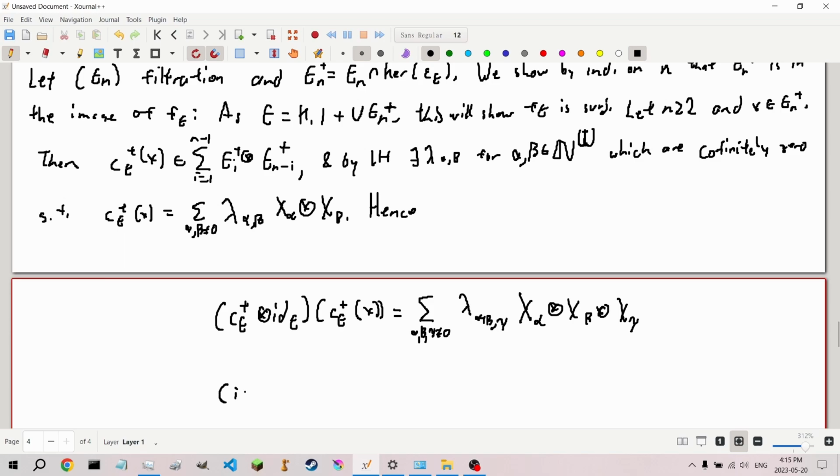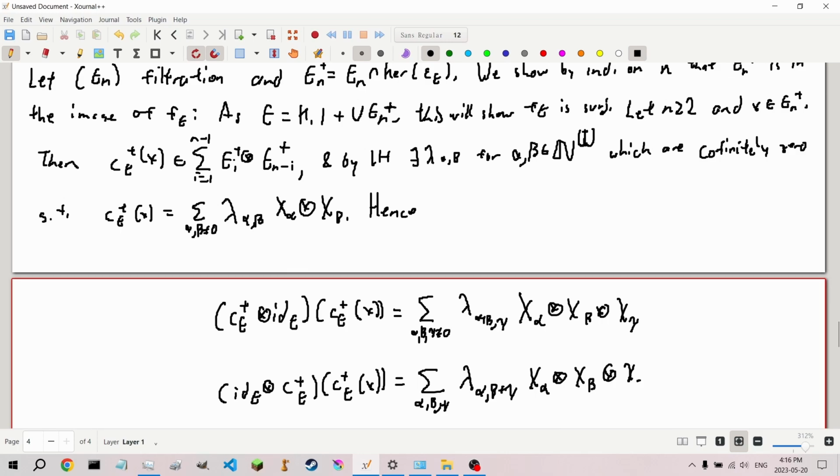And conversely, taking the plus coproduct on the right gives us the same construction, except that lambda of alpha and beta plus gamma, of x_alpha tensor x_beta tensor x_gamma.